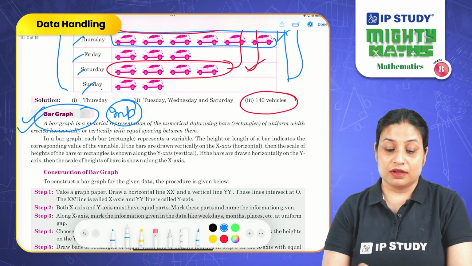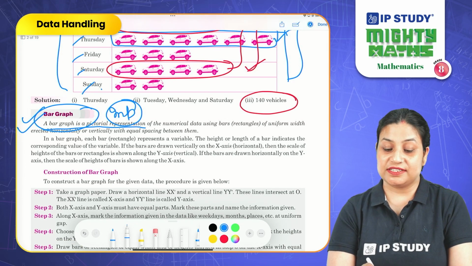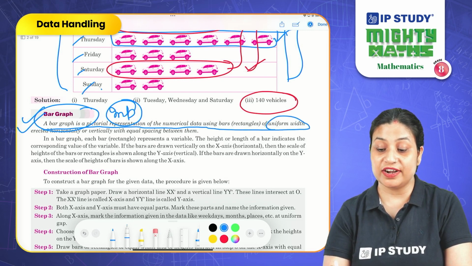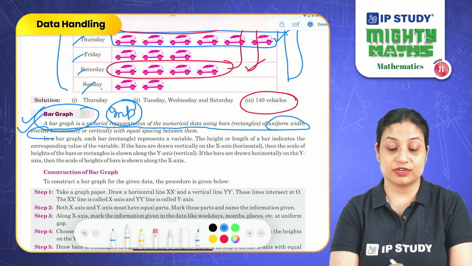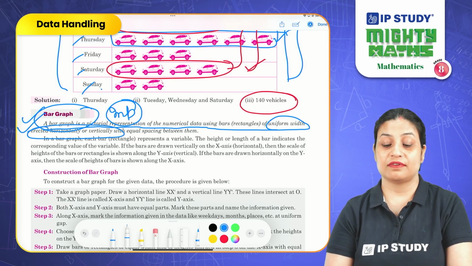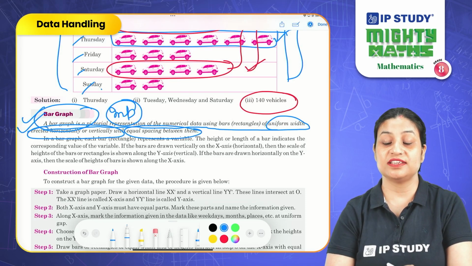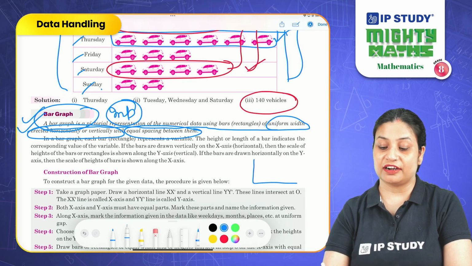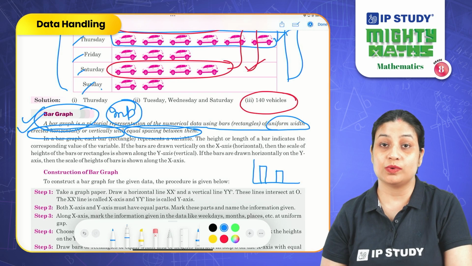A bar graph is a pictorial representation of numerical data using bars of uniform width, erected horizontally or vertically with equal spacing between them. These are the 3 important points. Whenever you are drawing a bar graph, all the rectangular bars will be of equal width.